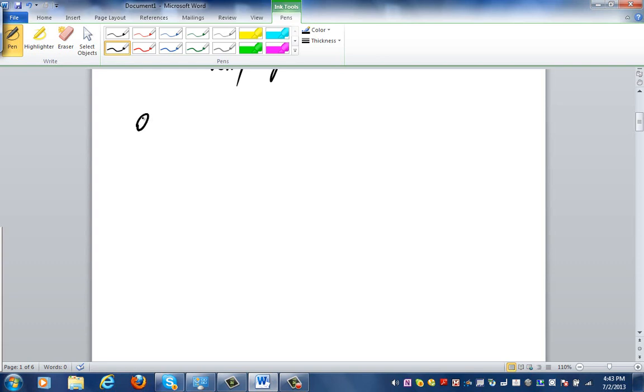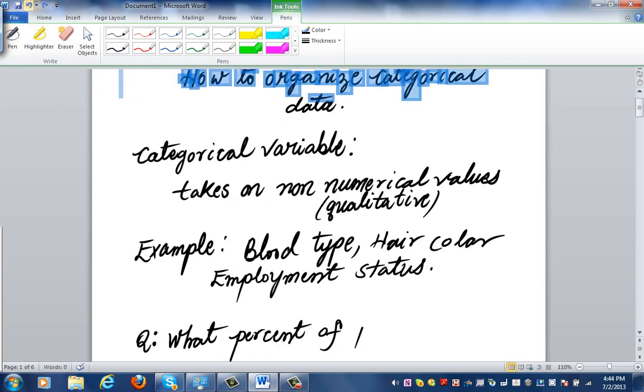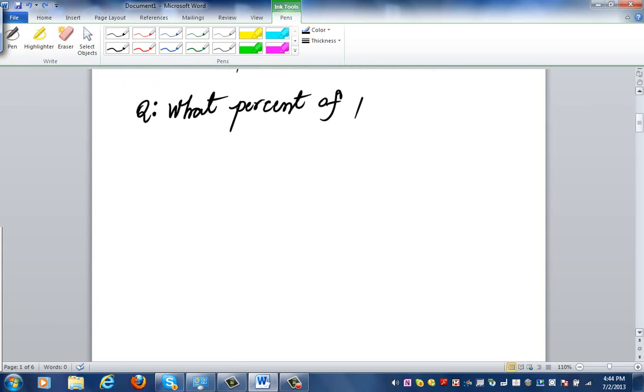So let's say this is the question we are asking: what percent of adults in Ada are unemployed?